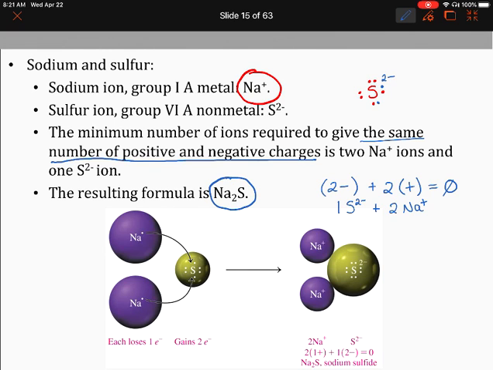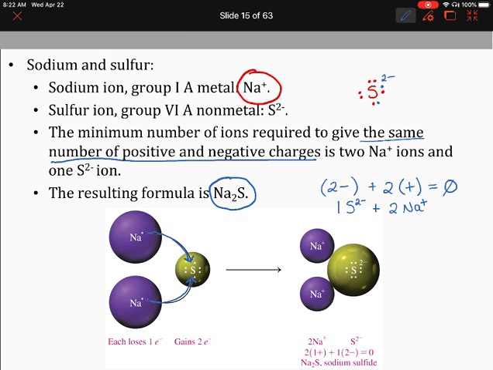And down below we can see a picture of the formation of this ionic compound. So again, sodium loses 1 valence electron, and it gives it to sulfur in this case. But sulfur needs 2 extra electrons, so it's going to take the other electron from a different sodium atom. And remember, sodium can only lose 1 electron because once it loses that 1 electron, it becomes stable like a noble gas.